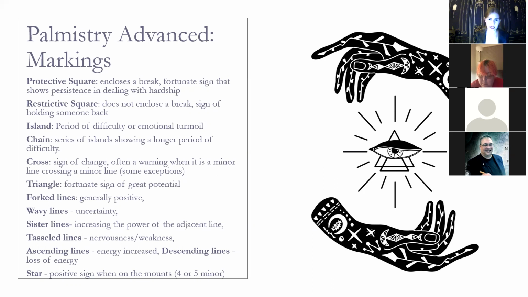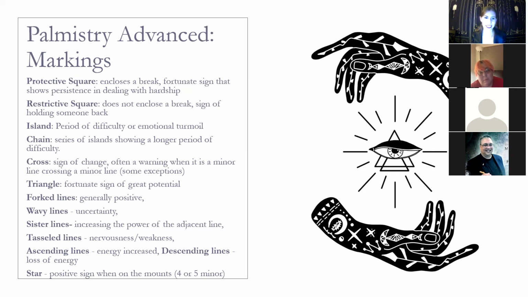There are crosses, and we'll talk a bit later about the mystic cross. Crosses mean a sign of change. It's often a sign of warning when it's crossing a minor line. There are some exceptions, including the St. Andrew's cross, which we don't have time to get into, but know that it exists and it's cool.